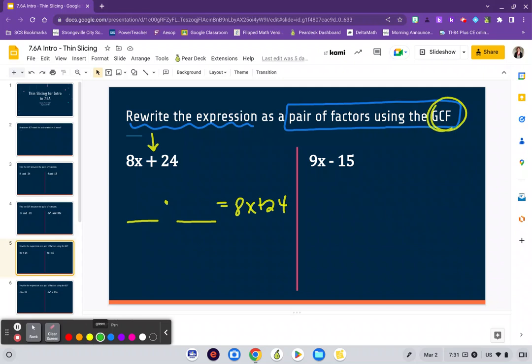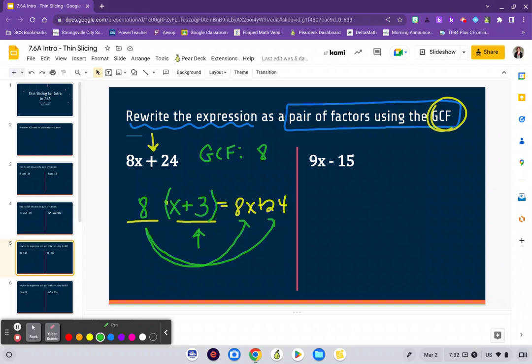So if you recall, we said the GCF between 8 and 24 was 8. And so I'm going to say 8 times, and I'm going to use parentheses for my times. In these parentheses, I need to write what it takes to go from 8 to 8x and to go from 8 to 24. So 8 times x gives me 8x plus 8 times 3 gives me 24.